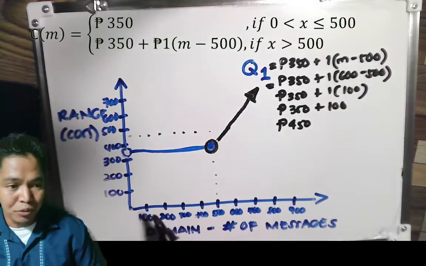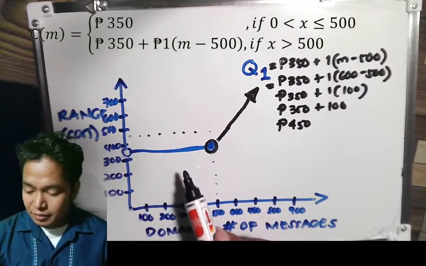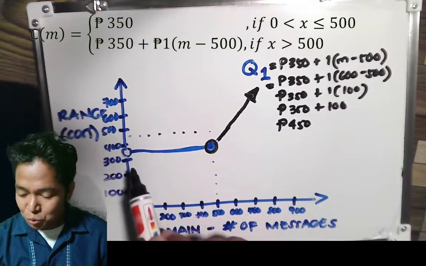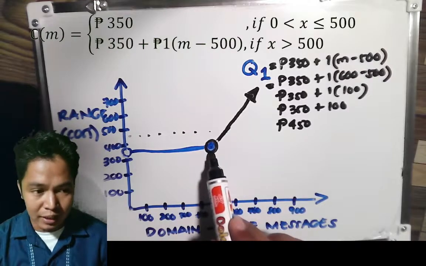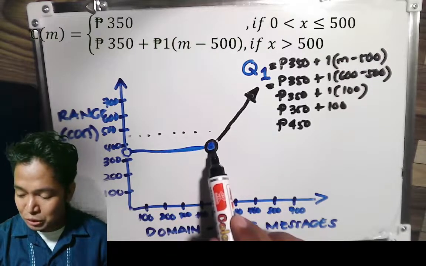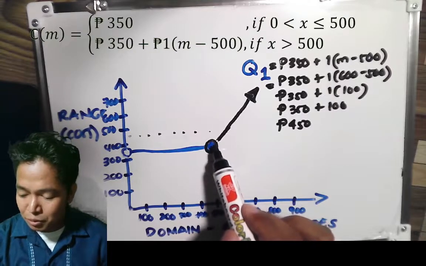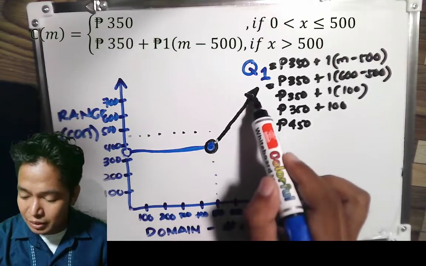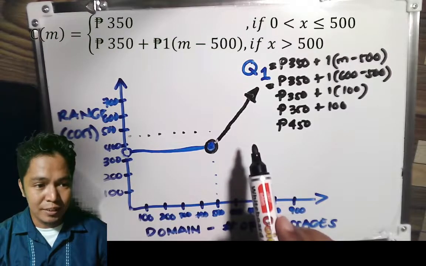So, yan na po yung dalawa nating graphic representation ng ating piecewise function. Yung una ay blue, naka-open dito, at dito naman ay naka-close. Pero nung sa pangalawang function ay naka-open naman dito, pero tuloy-tuloy na, increasing number of range siya. Okay? So, yan po for example number 1.